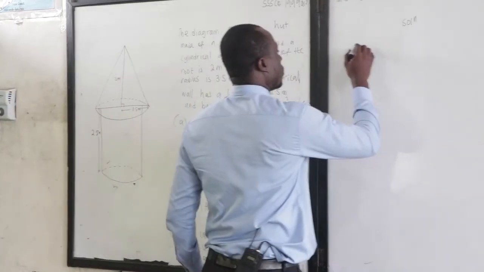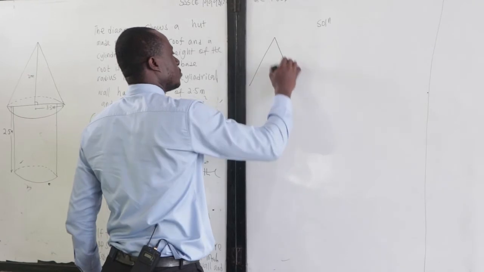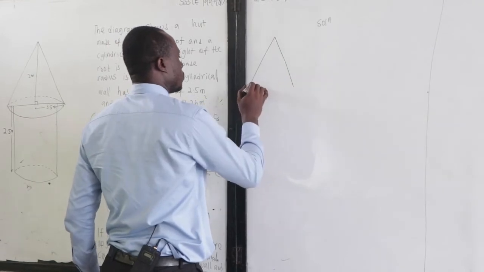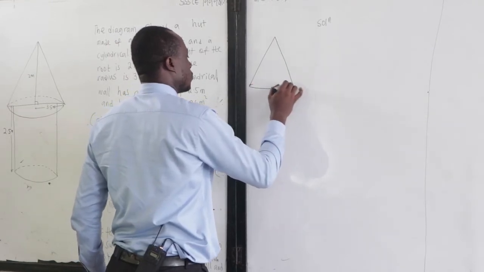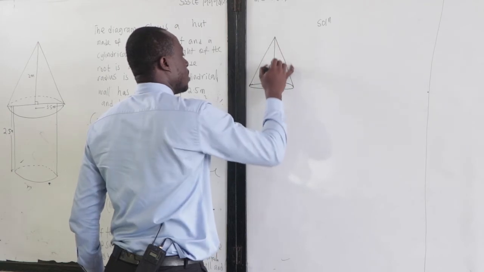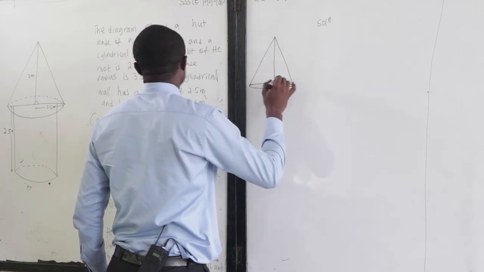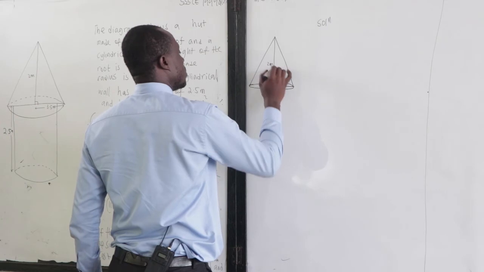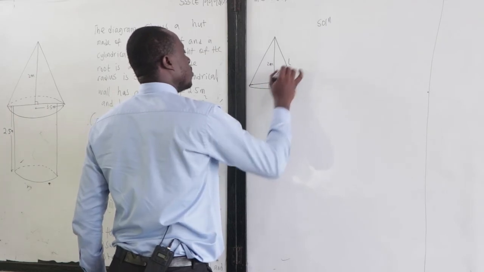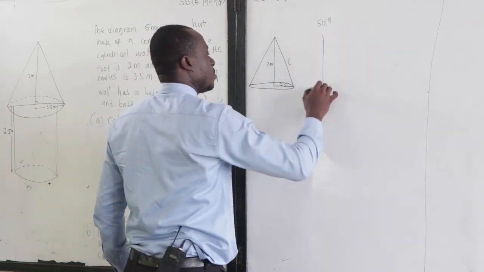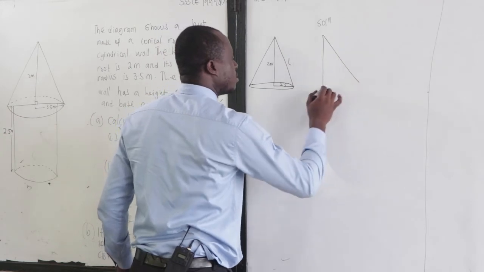So we have the cone. Perpendicular height to the center. Now this is 2 meters, this is 3.5. We want to find the slant height. So let's see this right angle triangle.